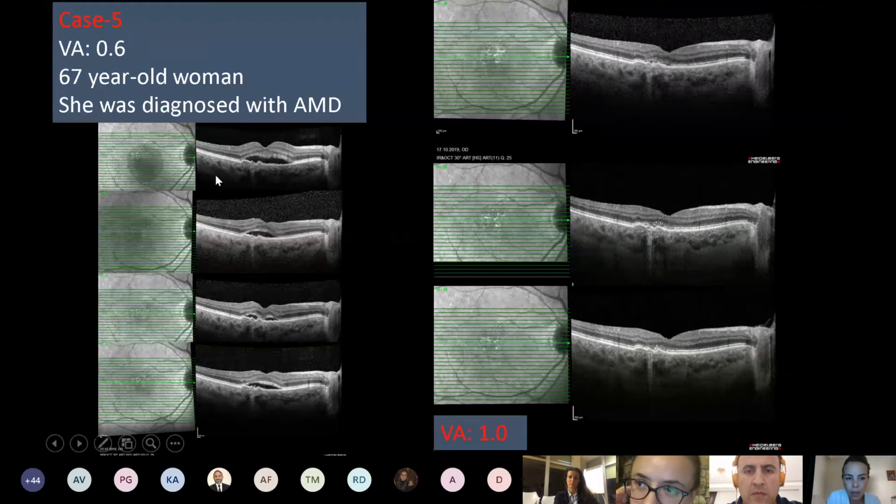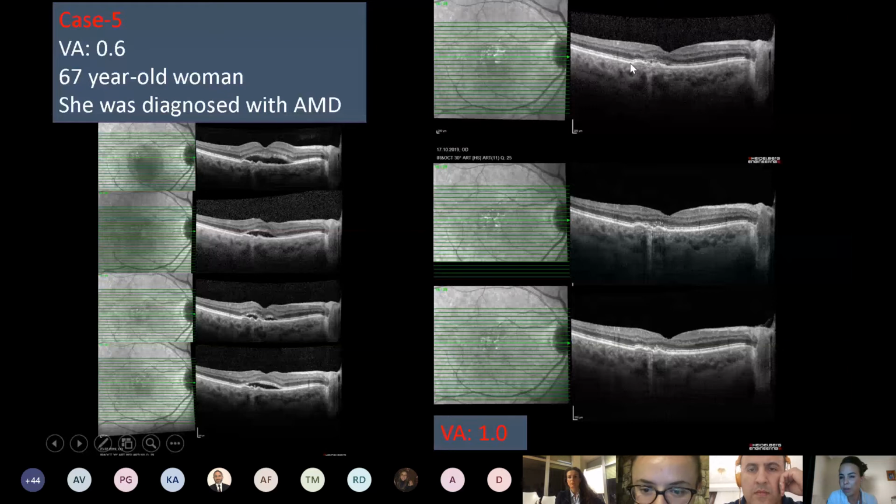I noticed this hilar layer under this flat irregular pigment epithelial detachment area, and I switched my treatment to half-length photodynamic therapy. After I did my treatment for this lady, you see there was total resolution. The center of the macula is very healthy.